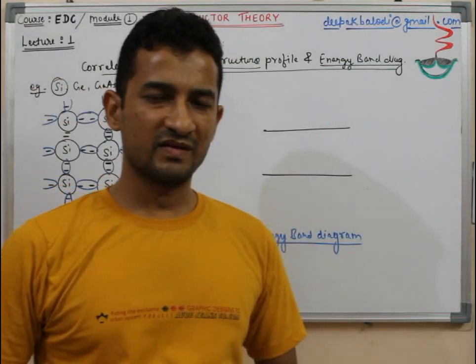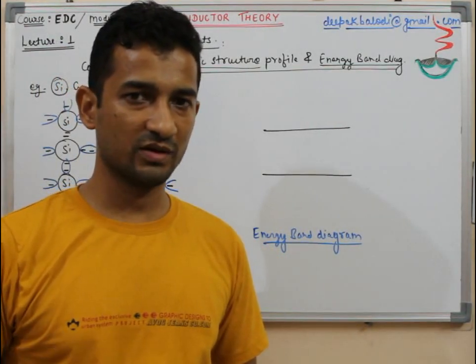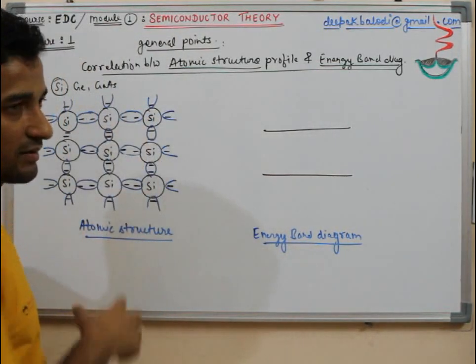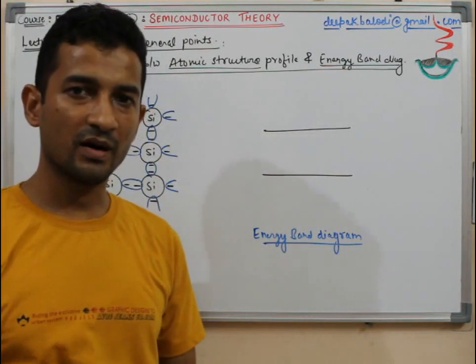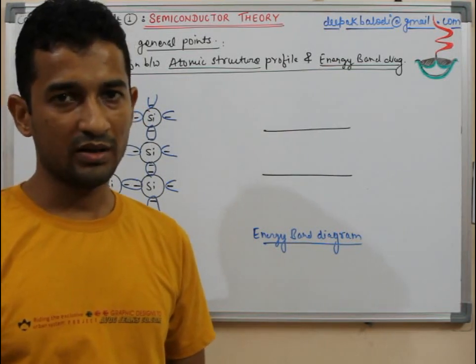An energy band diagram is not a physical thing. We have to assume some picture in our mind, and we are interested not in any particle but mainly those particles which can contribute to the conduction phenomena.